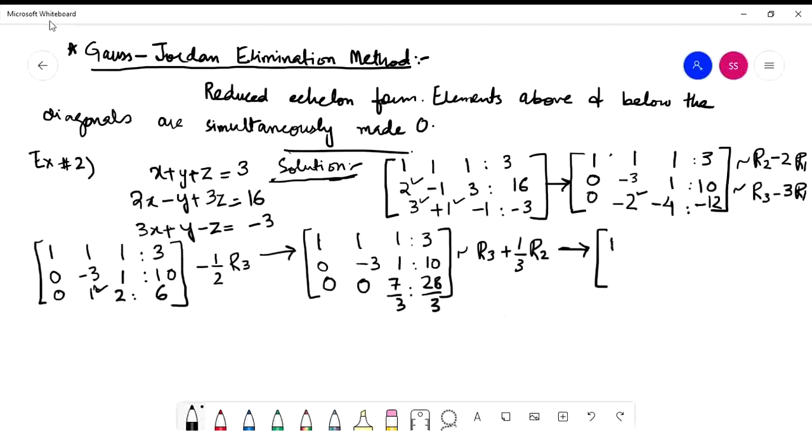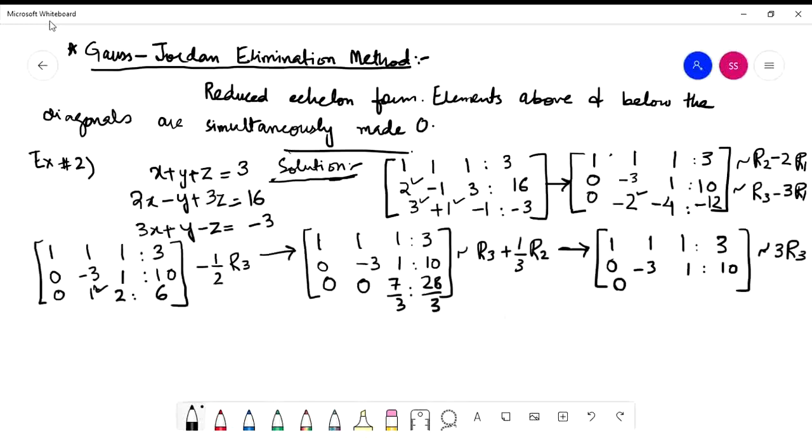So you can do it within one matrix form. Minus 3, 1, 10, and the row operation here is 3 into R3. You know all the rules for the row operations.